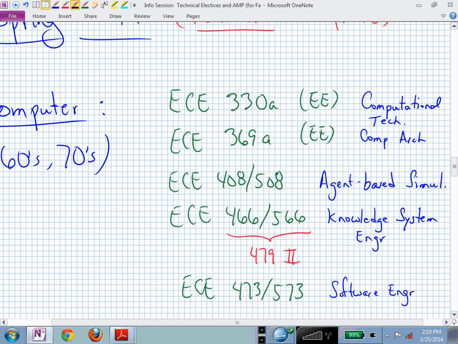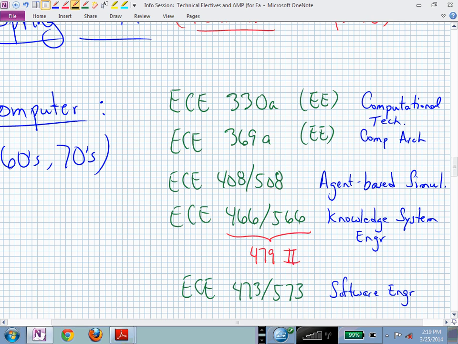So depending on what catalog you are in, you may be able to take computational techniques as a technical elective if you're an EE option. The next semester or subsequent to this time that I'm making this presentation, I may no longer make that announcement. It may be already part of your curriculum.